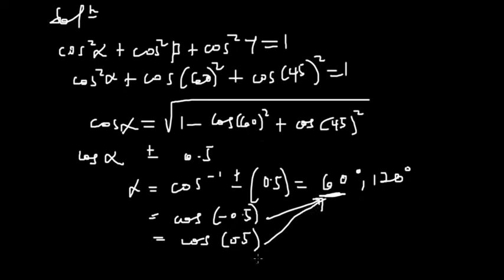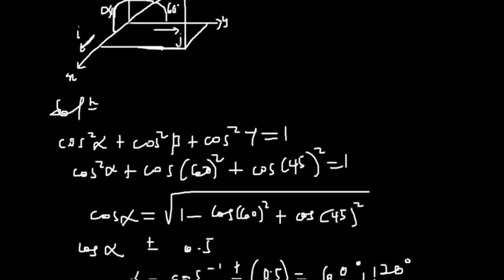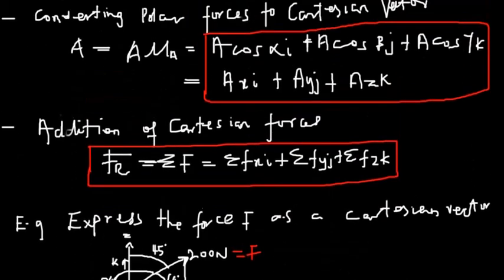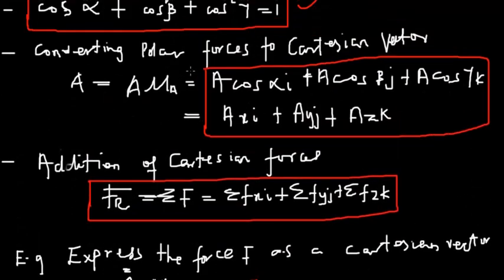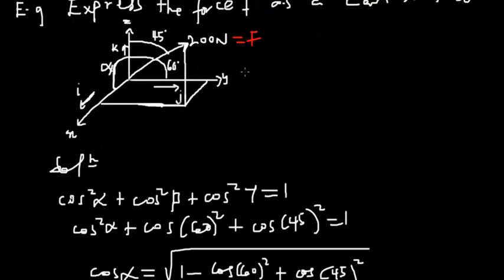So our main angle, alpha, will be equal to 60 degrees. But if the force was supposed to be acting in the negative direction, you might have used 120 degrees. Now let's convert the polar forces to Cartesian coordinates. Let's do that over here.